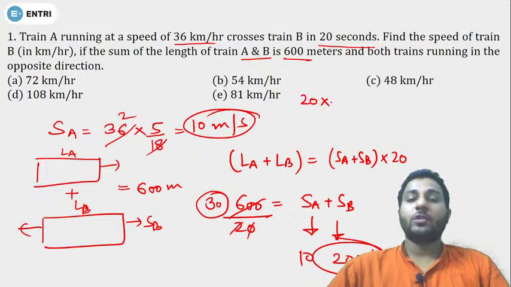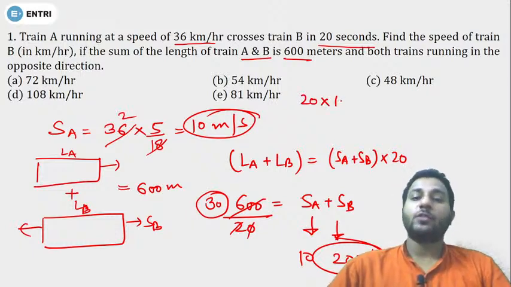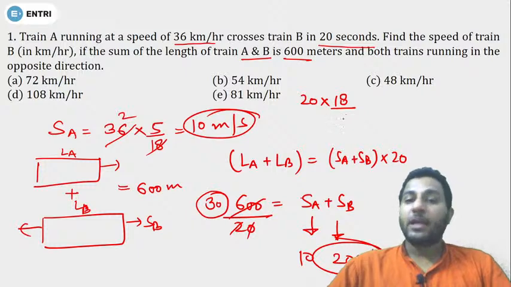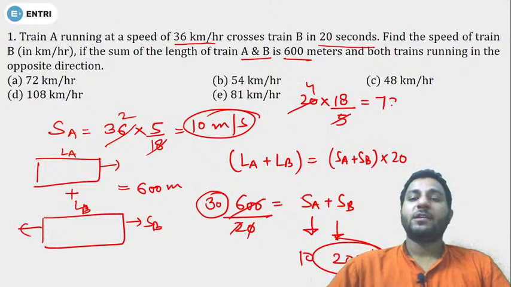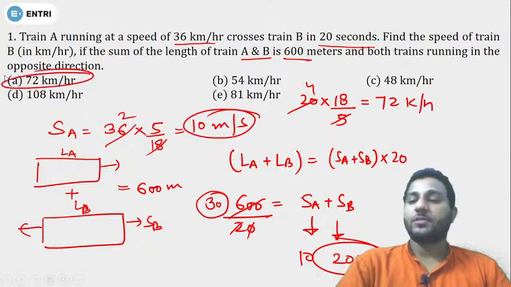And as you all know, to convert it into kilometer per hour, we will multiply it with 18 by 5, which means 72 kilometer per hour. तो आपको आंसर जो मिलेगा ऑप्शन ए मिलेगा.